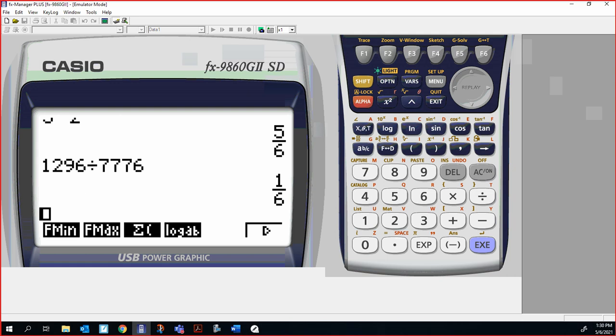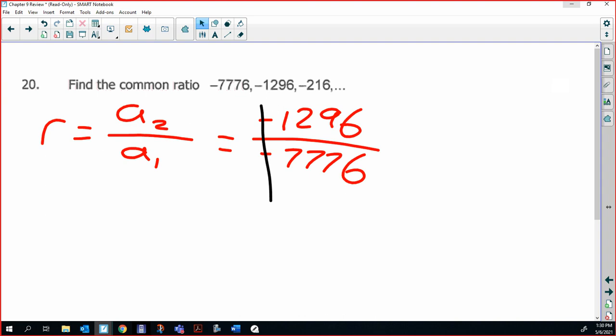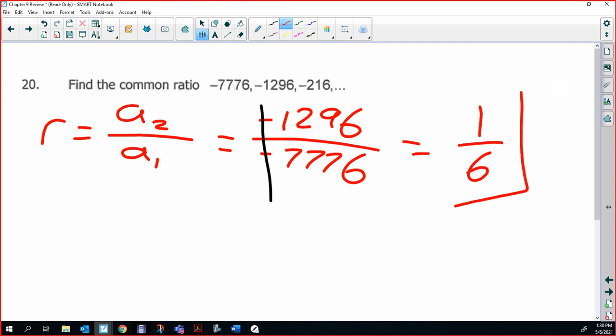If you just change it to a fraction, it's 1/6. So R is 1/6. That's cool.